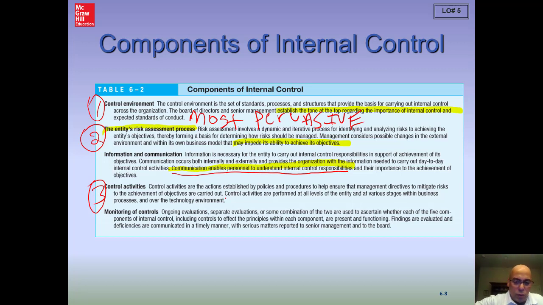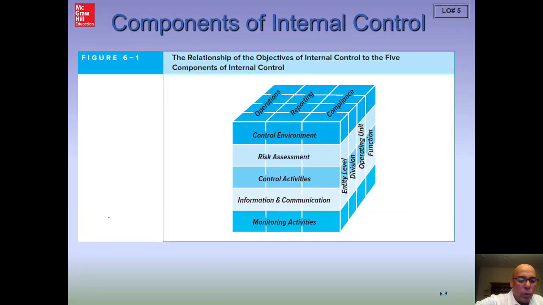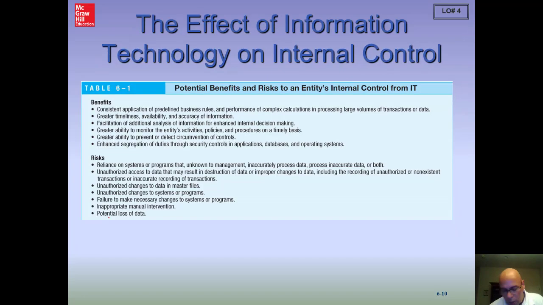So control activities are performed at all levels of the organization, and we communicate to all levels of the organization their responsibilities, and then we monitor. Okay, so information communication is going to be 4 here. And then we monitor, number 5, we monitor that they are achieving the control objectives there.